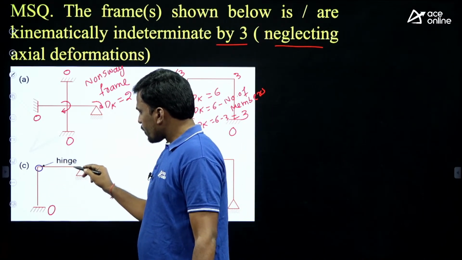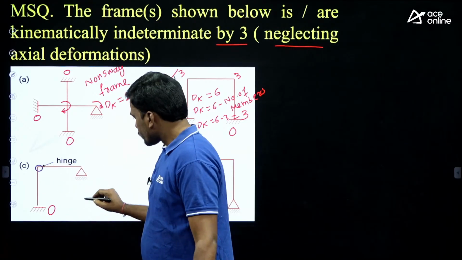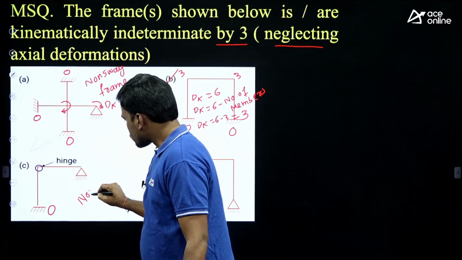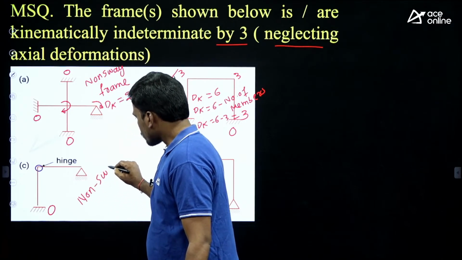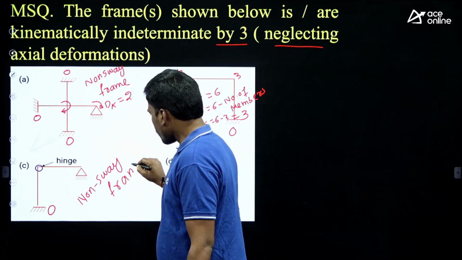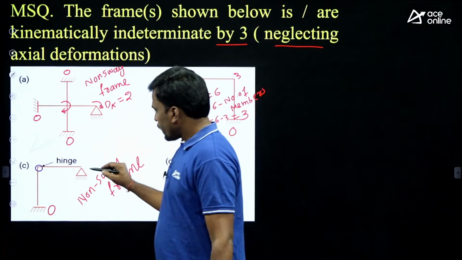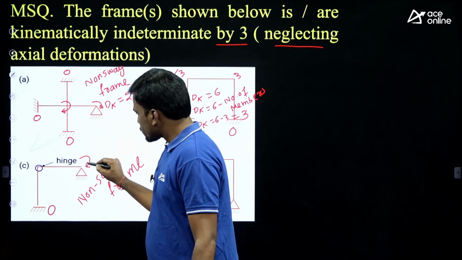Next, fixed support 0. Is it a sway frame or non-sway frame? At the beam level, will it be free to move in the horizontal direction? No, so this is a non-sway frame. At the hinged support, one rotation.